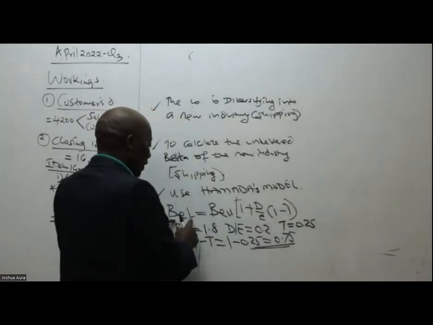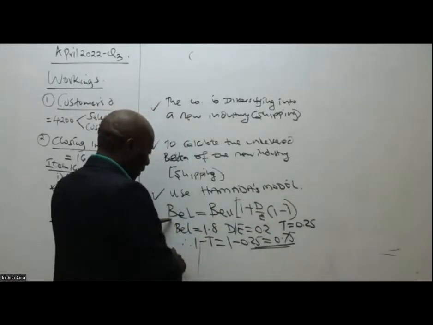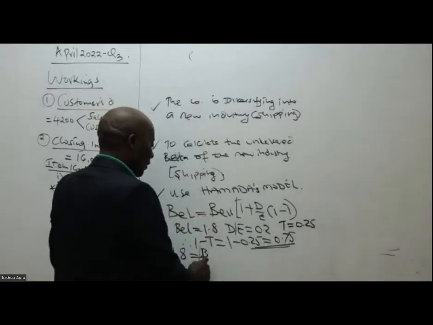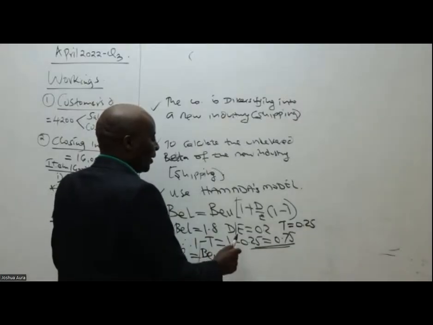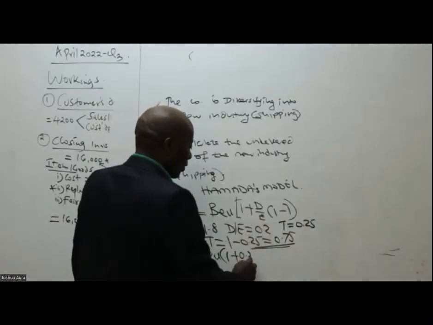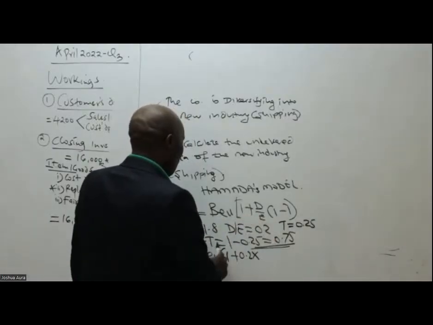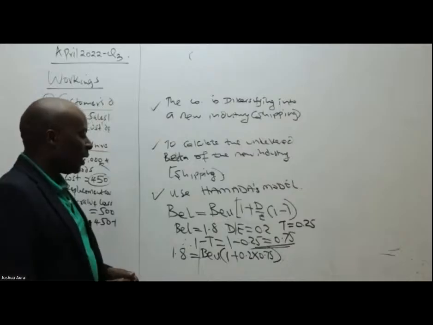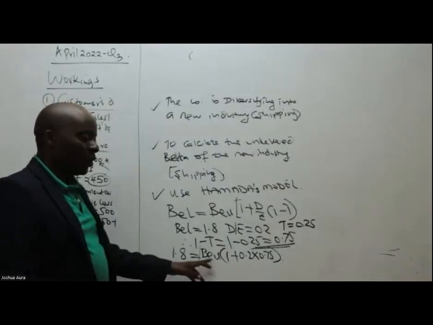So beta equity of the levered firm here, 1.8, equals beta equity of the unlevered firm multiplied by 1 plus debt to equity, which is 0.2, multiplied by 1 minus tax, which is 0.75. Please go slowly until you give me the beta equity of the unlevered firm.